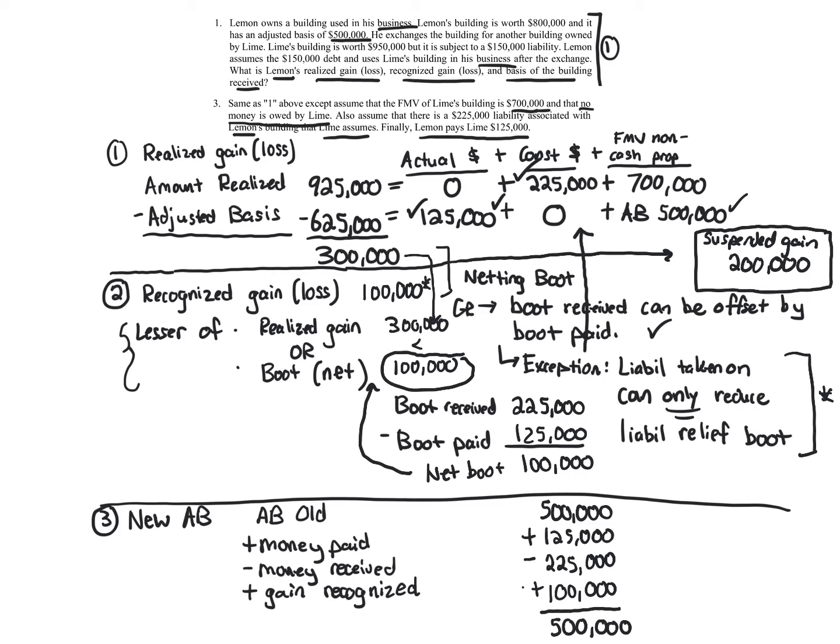So before we finish the problem, we can check our work. We assume, hypothetically, the next day, and this doesn't actually happen, Lemon sells the new building that Lemon receives for the fair market value at the date of the exchange, which we're told in the problem is $700,000. We ignore everything else. Just use the fair market value. Amount realized, $700,000, minus the adjusted basis you just calculated of $500,000.